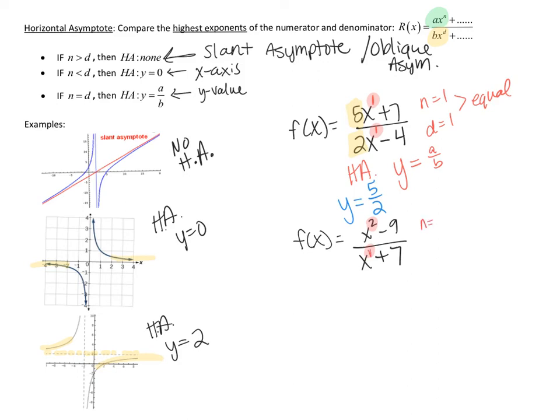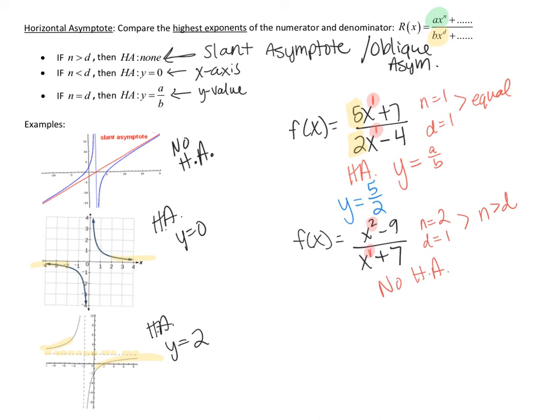So my numerator exponent is a 2, and my denominator exponent is a 1. Therefore, my numerator exponent is greater than my denominator exponent, which means that I have no horizontal asymptote. There could be a slant or oblique asymptote, but right now we're just going to pause and say there's no horizontal asymptote.